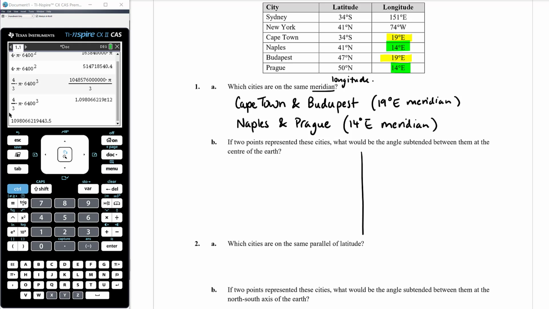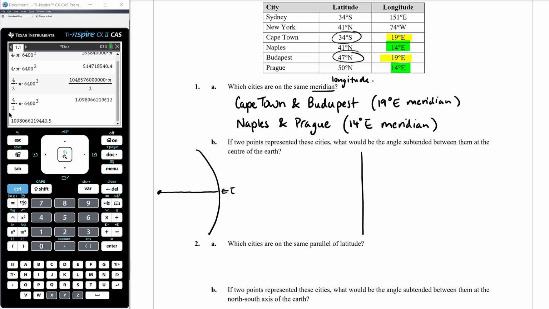Okay, so now let's have a think about Cape Town and Budapest. Wherever they are on the Earth, they're vertically above each other. So we already know which one's which. Cape Town is 34 degrees south and Budapest is 47 degrees north. If this is the equator, that's the centre of the Earth.